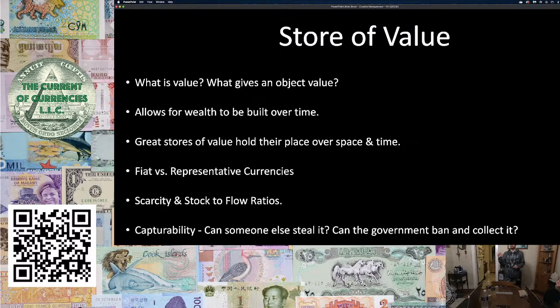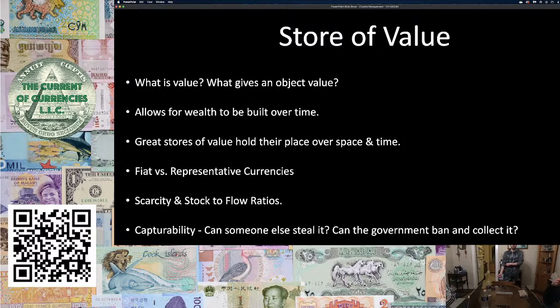A representative currency would be gold. Gold has a specific value, and it's backed amongst the global community and not a government structure. So when you're diagnosing a currency, country by country, these are factors that you're going to want to look into, because there are countries like ours that have fiat, but there are also countries in Asia, South America, Europe that have representative-based currencies.